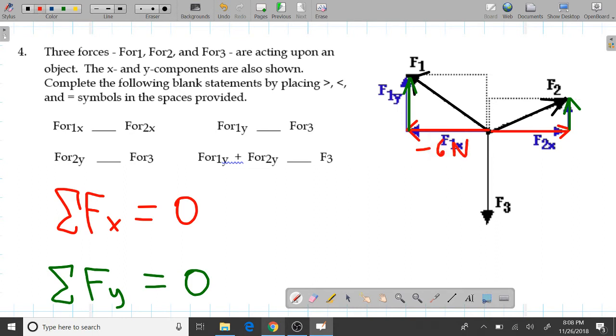If we're in static equilibrium, then this other force here would have to be +6 newtons, because when you add up those forces, you have to get a resultant force equal to 0. So the magnitude of this force is equal to the magnitude of this force. I'm going to put an equal sign there, because those two forces are equal in magnitude.